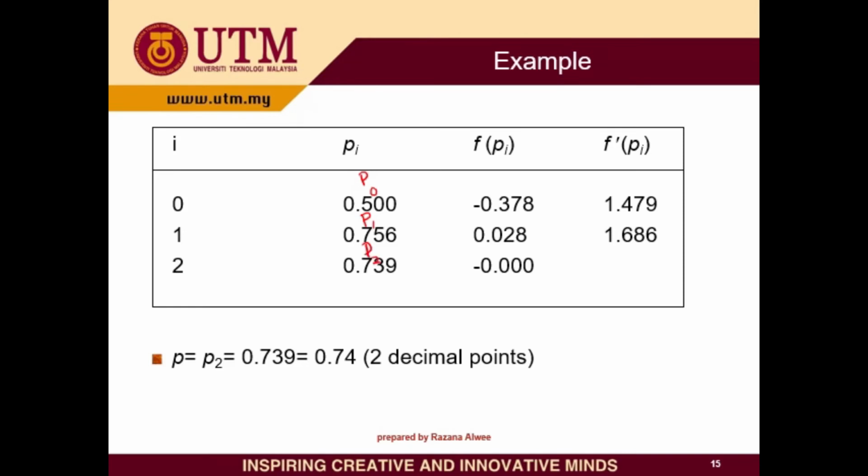In the p2 you calculate the f(p2), and you will get 0.000 here. So this is less than your 0.005, our error. So we can say that the p, 0.739, p2 here, is equal to p, and based on our question, 2 decimal points, so we can make the answer 0.74 (2 decimal points).